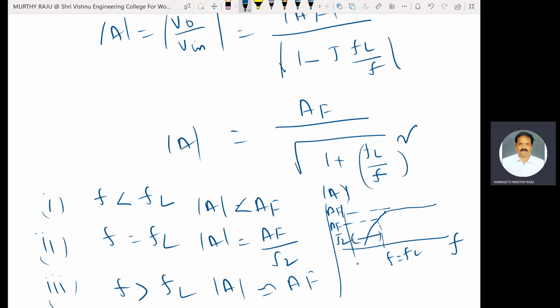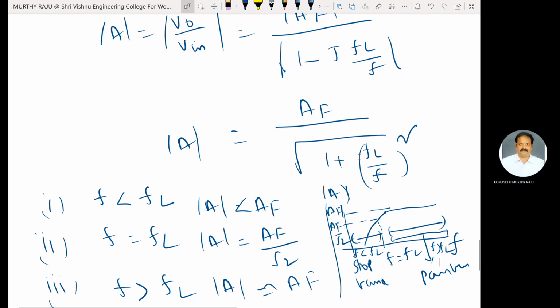This one is the stop band, for F less than FL. This one is the pass band, for F greater than FL. This is the analysis of the Butterworth high pass filter.